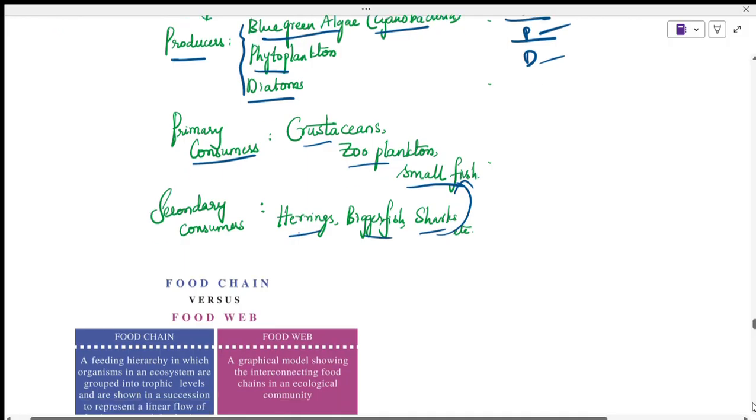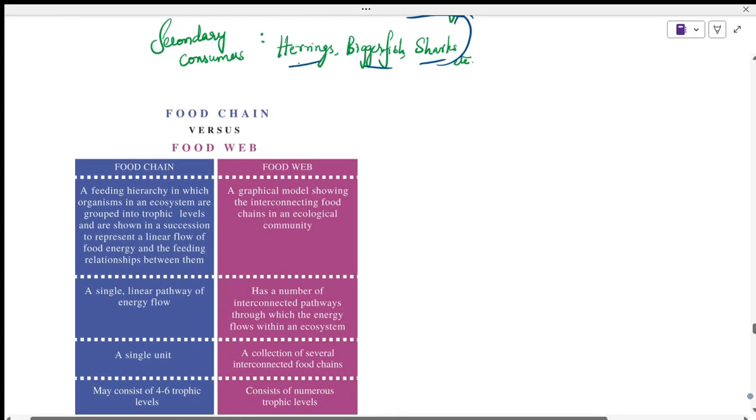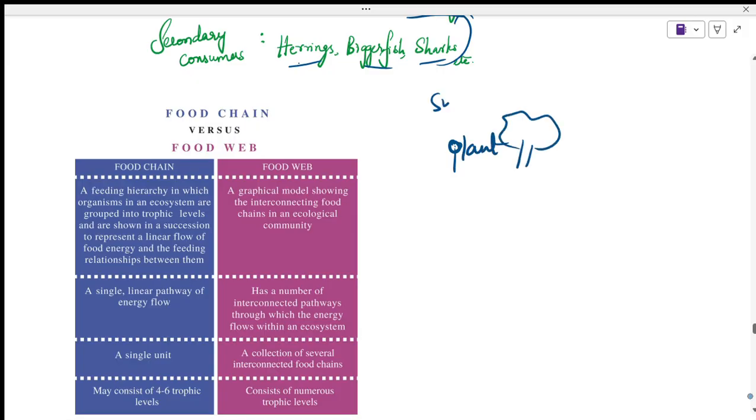So food chain versus food web. The food chain will tell that plant, 1 to 2% sunlight, 1 to 2% biomass. Then it will tell primary consumer, secondary consumer, tertiary consumer.